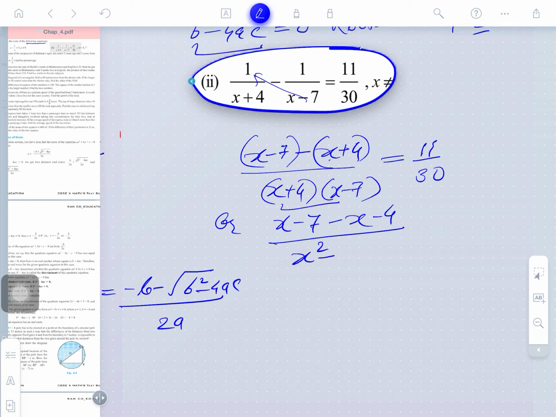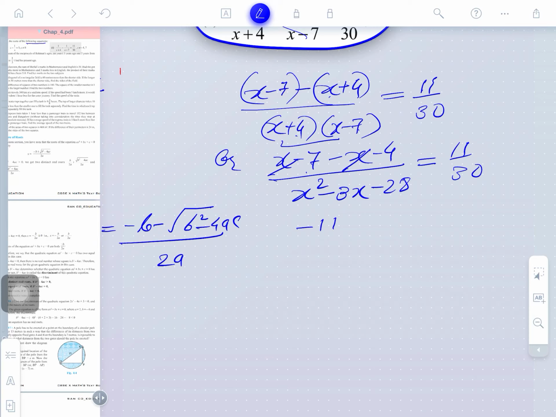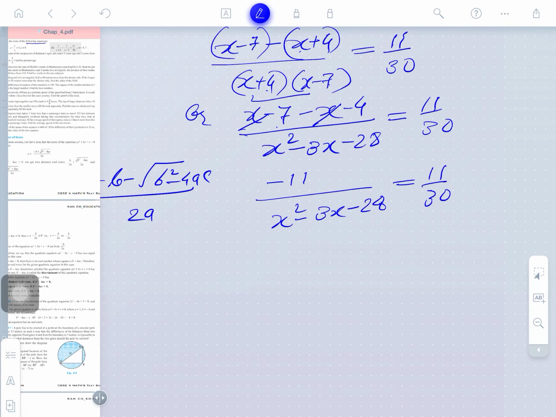So it's x square, and their sum in bracket is minus 3, and their product at the last is minus 28, equal to 11 by 30. Okay, so here the x will cancel, and it's minus 11 divided by x square minus 3x minus 28 is equal to 11 divided by 30. On either side the same, 11 and 11 cancel.